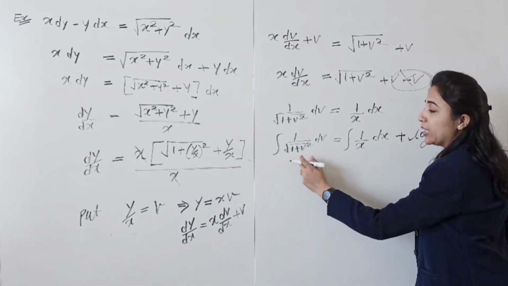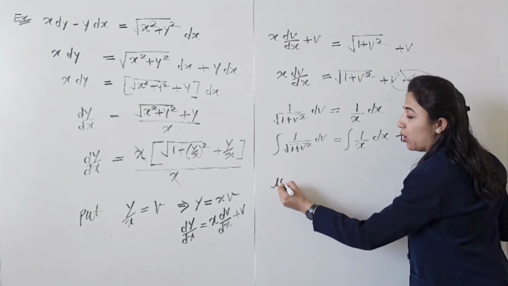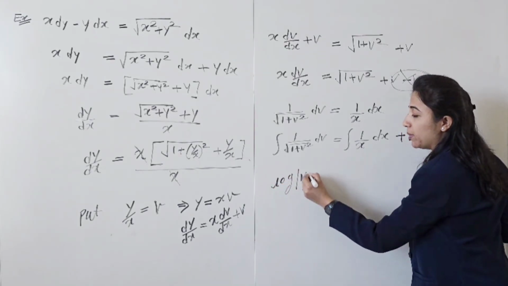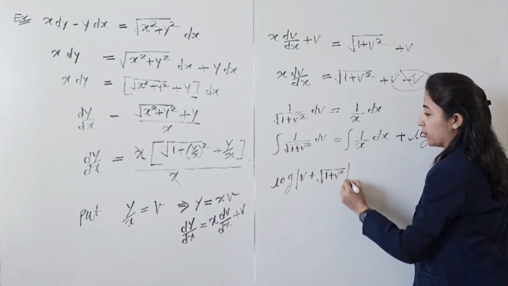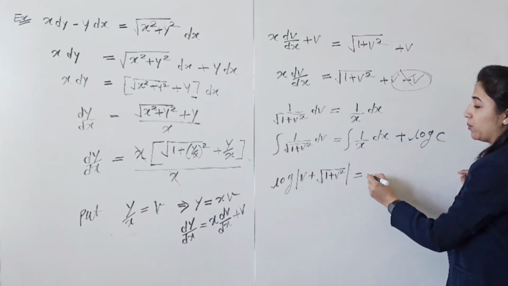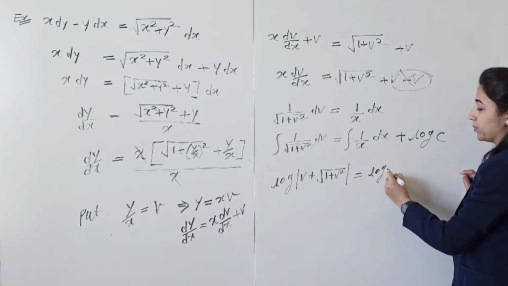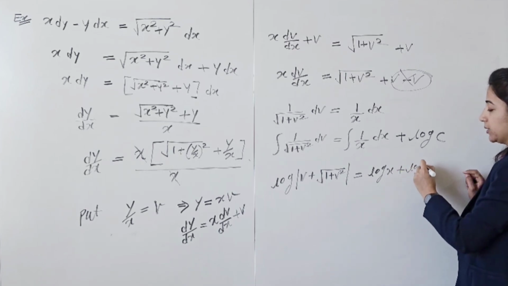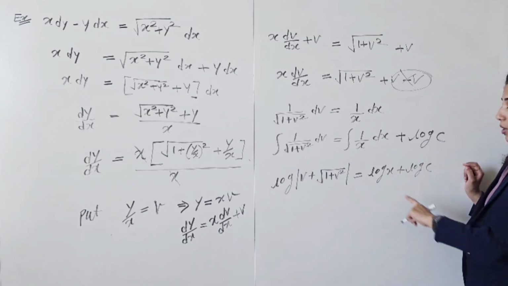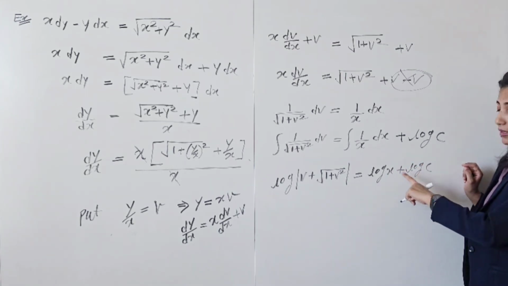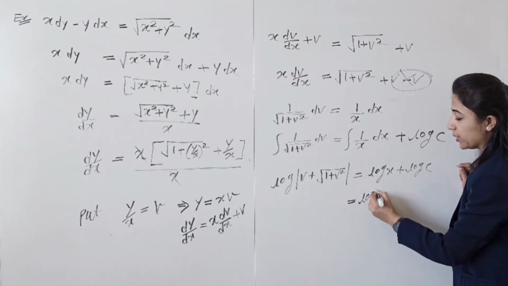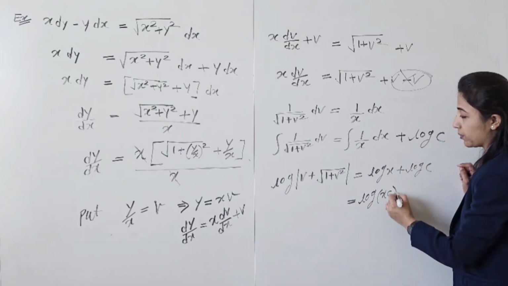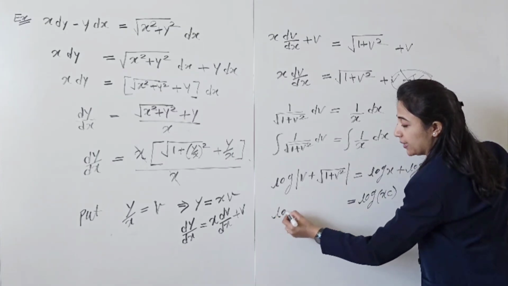Now here the integration of this term is nothing but log of v plus root of 1 plus v square. And the integration of 1 upon x is log x plus log c. Log x plus log c is nothing but log of x into c.